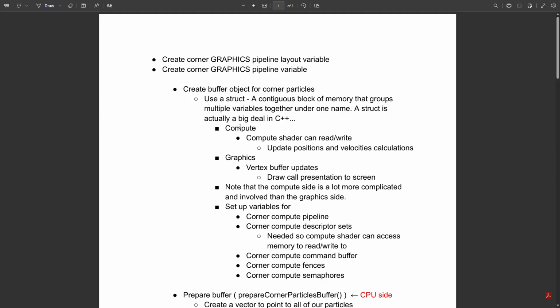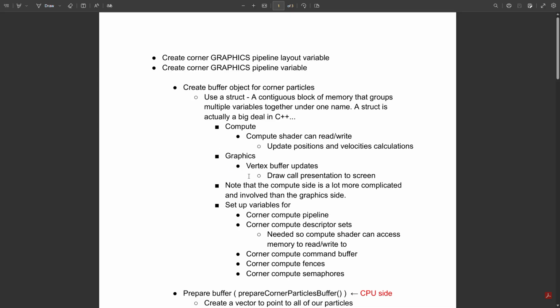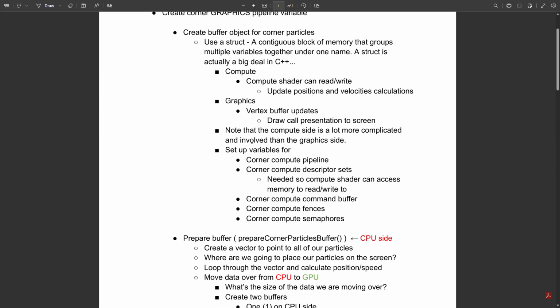You can't be updating and fetching the vertex buffer at the same time. So there has to be some level of synchronization, which we shall get into at some point. Note that the compute side is a lot more complicated and involved than the graphics side, as I've said before.